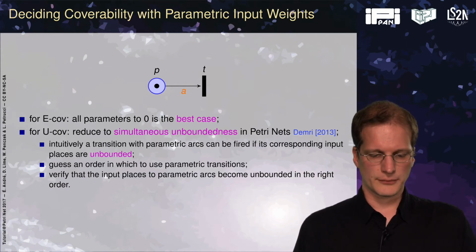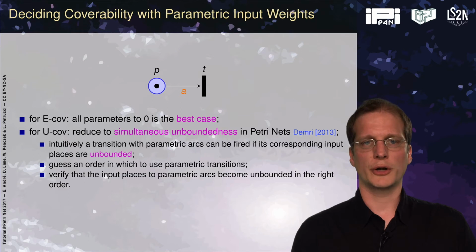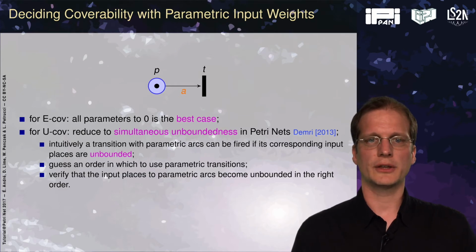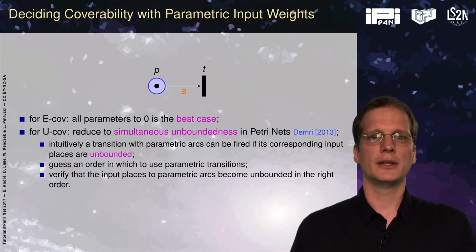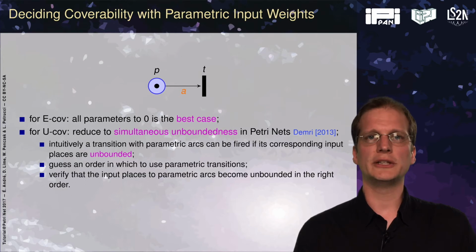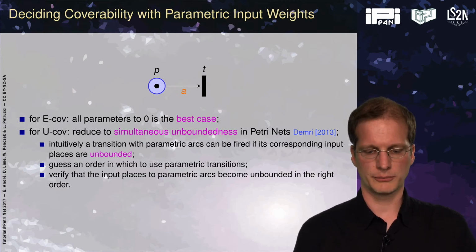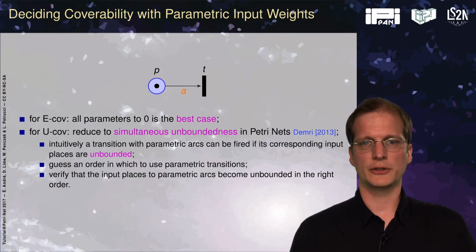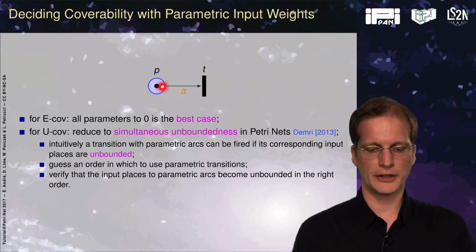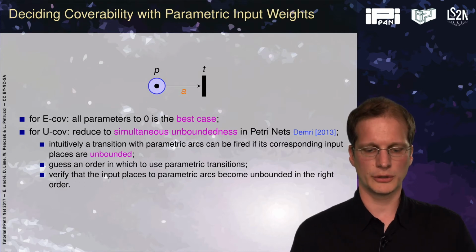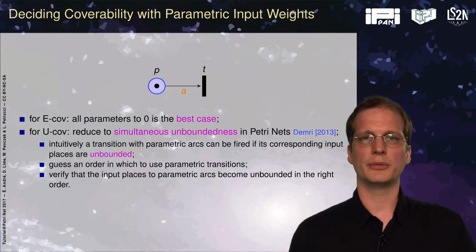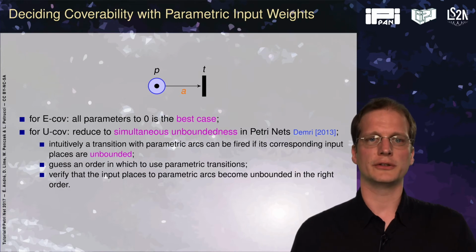And for universal coverability, then it's much more complex, and I will not go into the details. But the main intuition is that to fire a transition like this with a parameter here, since it's universal, then you would have to be able to put as many tokens as you want in this place. So basically, that the place is unbounded.